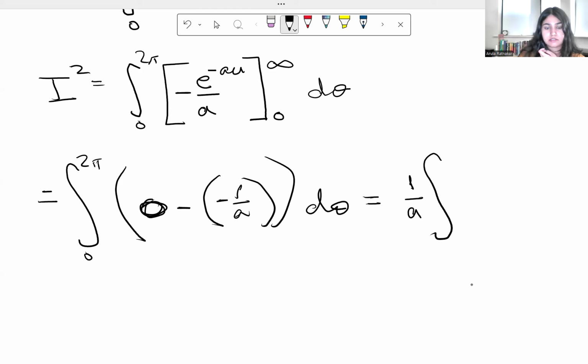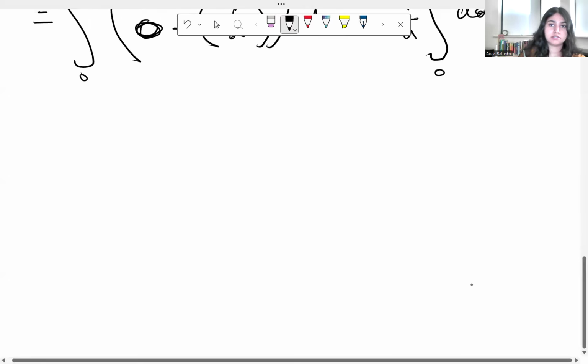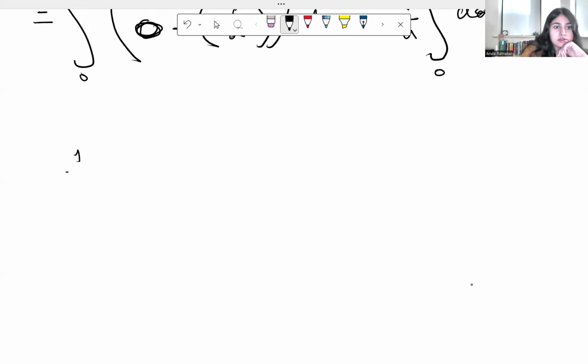Now this is just the integral from 0 to 2 pi of d theta. And so what that is just going to be is 1 over a times theta evaluated from 0 to 2 pi. Obviously when theta is equal to 0, this whole thing is just going to be 0.